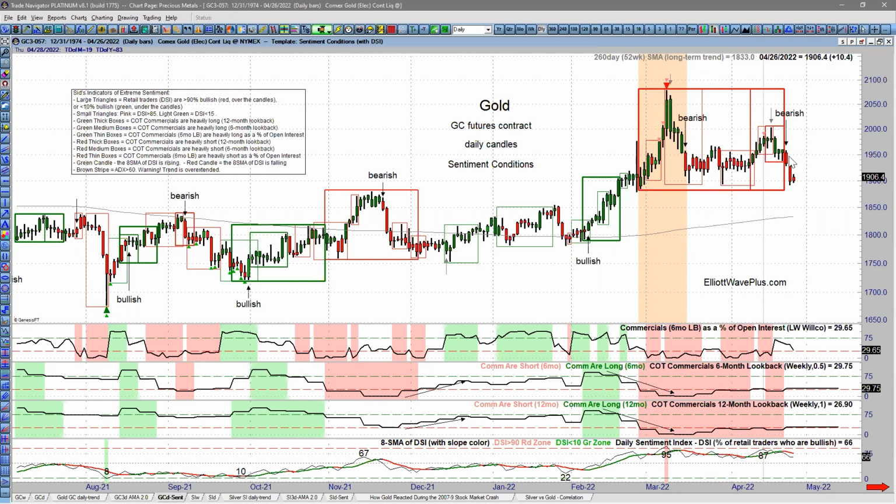And so if this thing starts moving down, let's say we're in a third wave, let's say this is 1 and 2 and we're in a third wave down, you will start to see the commercials start building a position, but it really won't be meaningful as far as when a turn is expected back to the upside until they get up above the green line.